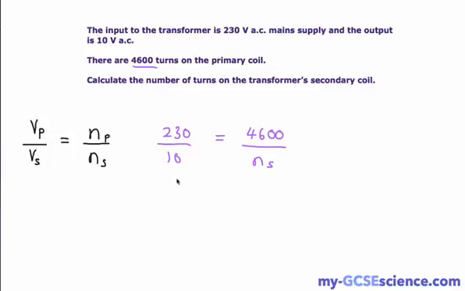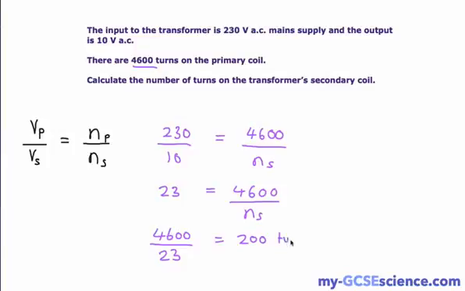So again, doing our maths, this becomes 23 equals 4,600 over our number of turns in the secondary, and if we rearrange, we have 4,600 divided by 23 equals 200 turns. So we have 200 turns on the transformer's secondary coil.